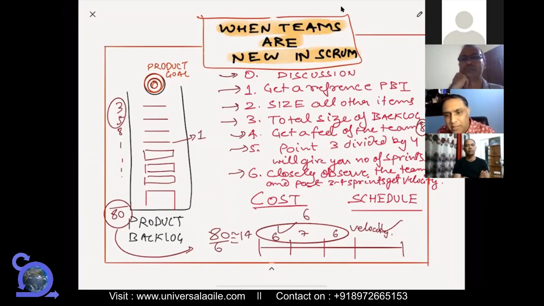Roughly 14 sprints. Now, if you go back to your client and say, dear client, you have 2 options. If all this work is important, then we need 4 more sprints. If you are willing to negotiate on some of the work, then I can still give it to you in 10 sprints.